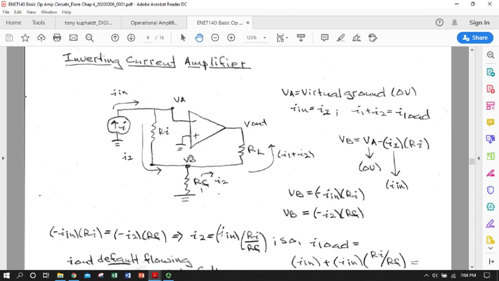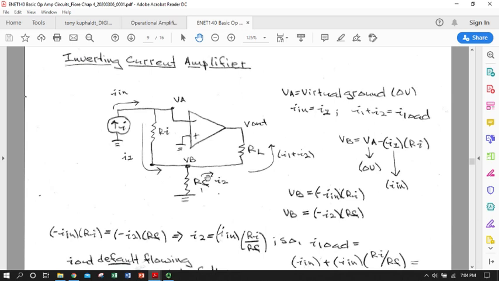So we could start defining V sub B and V sub A in terms of current flow. And we know our feedback resistor is now connected to ground. So the voltage at B is going to be whatever current is flowing through the feedback resistor and then ultimately up through the load to V out. So we can define a little network here.